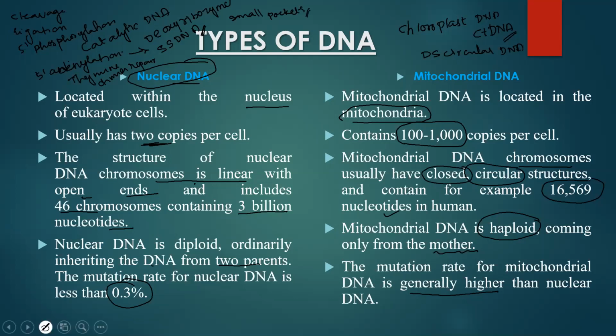Okay, so that is all about the types of DNA. You have the nuclear DNA, which you're very familiar with. Then you have mitochondrial DNA, present in the mitochondria, and DNA present in the chloroplast, also known as ctDNA.